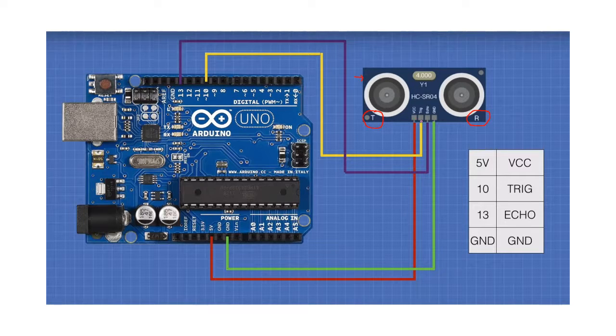I want you to know that the sensor has four terminals, or four pins. You can find the information on the sensor itself. It says ground, the G and D. There is the pin for ground, and the pin for echo.